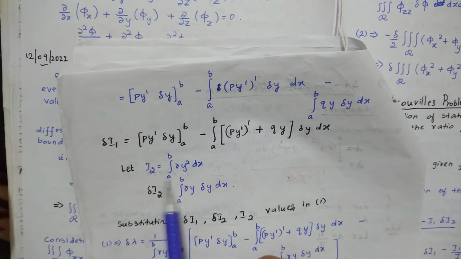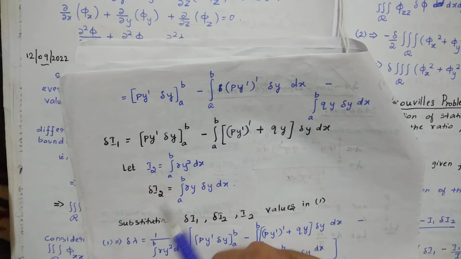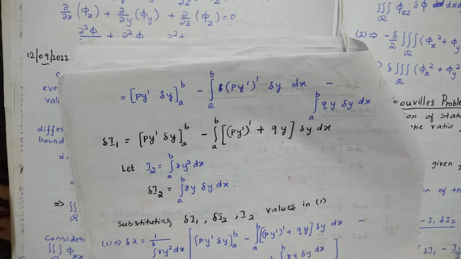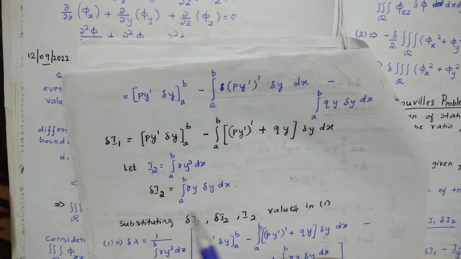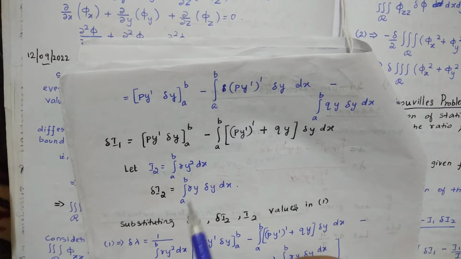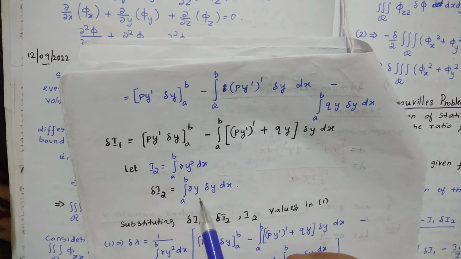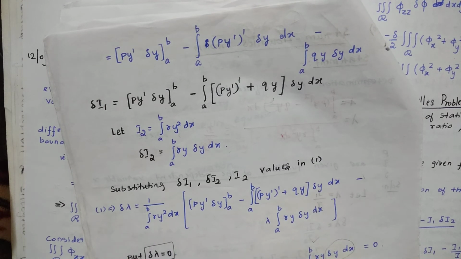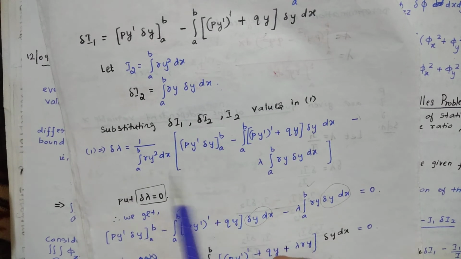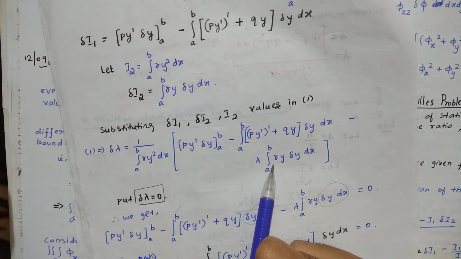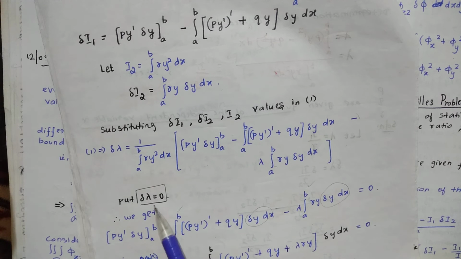Now let I2 is equal to, from the statement, this is the denominator value. Now delta I2 is equal to multiplying this delta to I2, so that you will get this. Now you have the I2 value, delta I2 value and delta I1 value, right? Now substitute all these values in our equation number 1, so that you will get like this. Now put delta lambda is equal to 0.